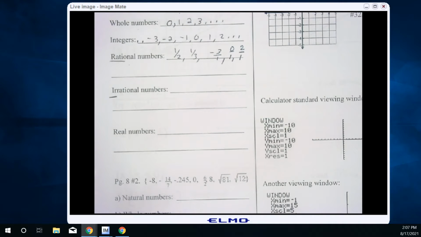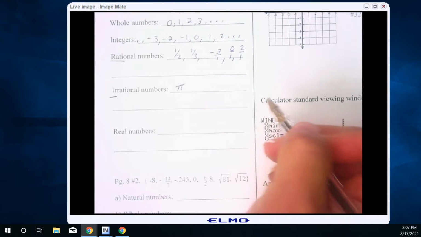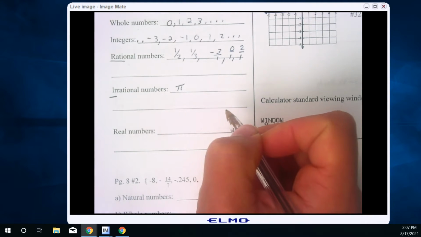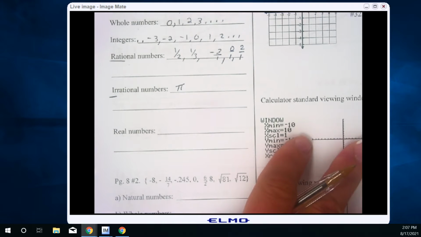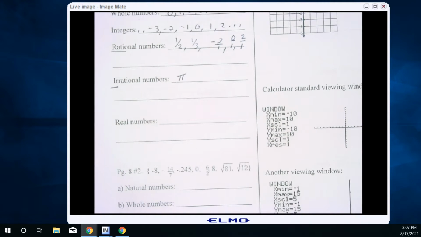The ones that do not repeat but are continuous. Numbers like pi go on and on, but there's no repetition. Pi is probably the best one. And then we have real numbers. Pi never stops. It goes on forever.